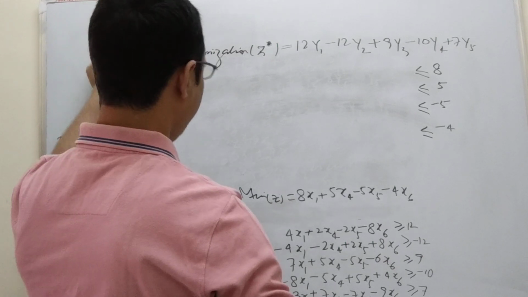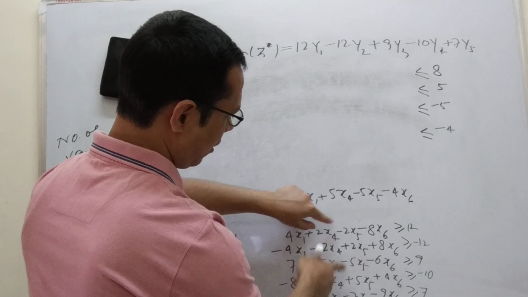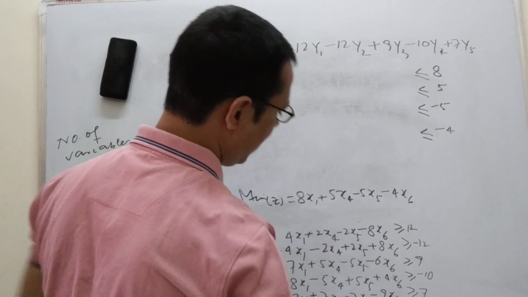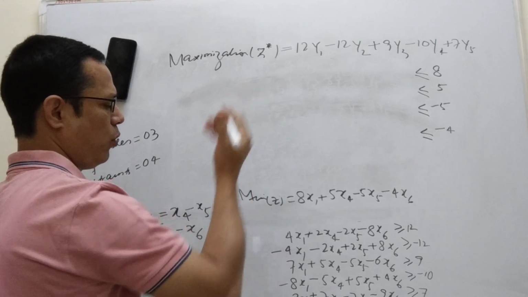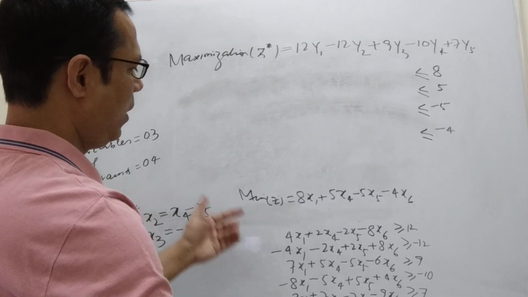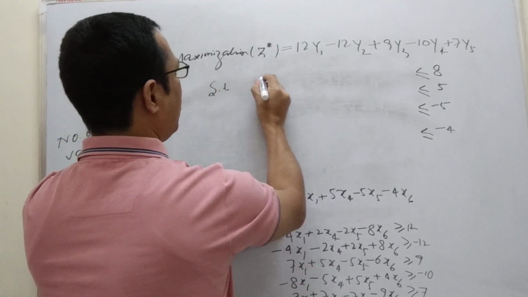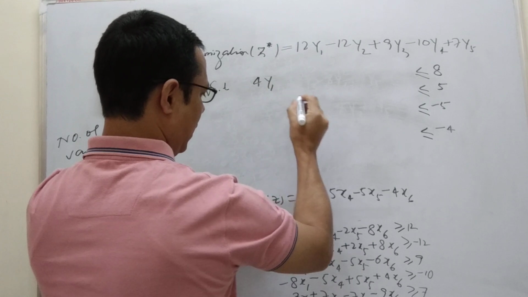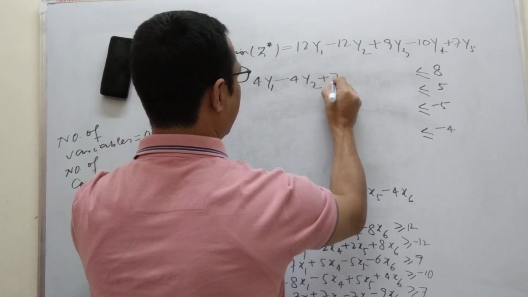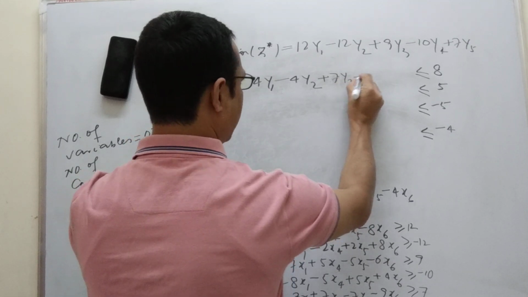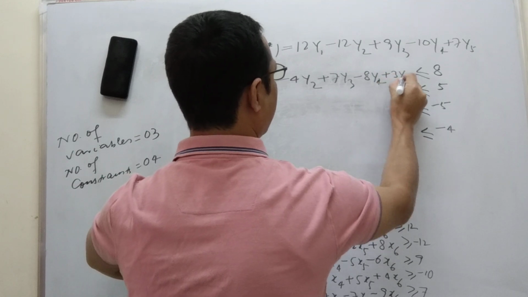And because x1 is available in all the equations, x4 in all the equations, x5, x6 as well, it means we just need to change this column to row form, because A is going to change into the form of A transpose. It means 4 subject to 4y1 minus 4y2 plus 7y3 minus 8y4 plus 3y5.